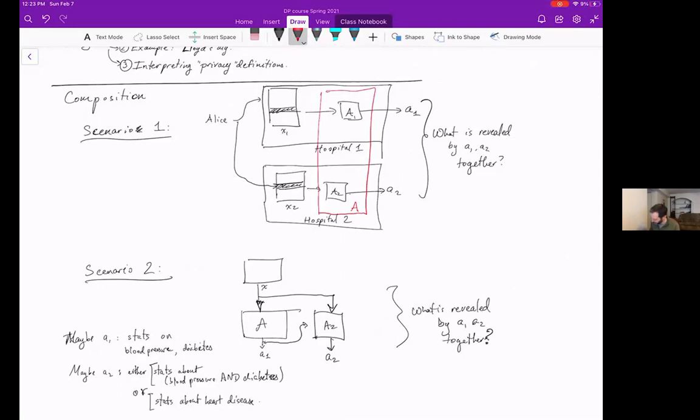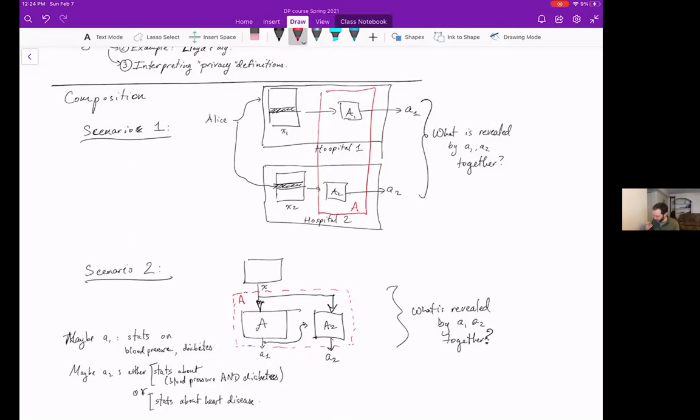Or alternatively, in this second picture, we'll think of a big algorithm A that encompasses both the executions of A1 and A2 and the logic that goes into selecting A2 based on A1. Even if that logic is not programmed out, it could just be a person making that decision.